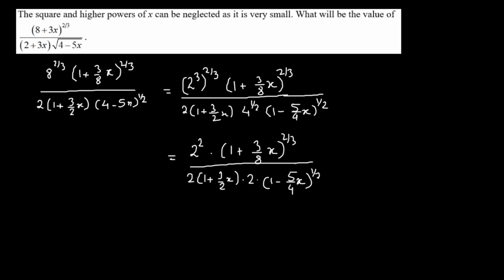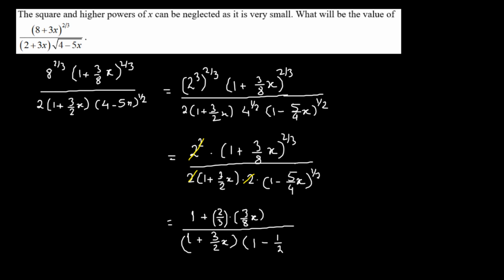Now we can factor out 2 squared and 4 from both the numerator and denominator, and then we apply the binomial approximation, which will give us 1 plus 2/3 times 3/8 of x divided by 1 plus 3 over 2 times x multiplied to 1 minus half times 5 over 4 times x.